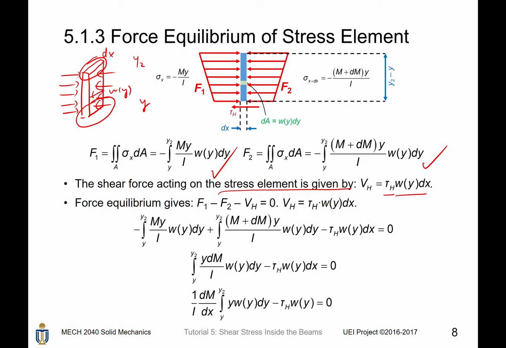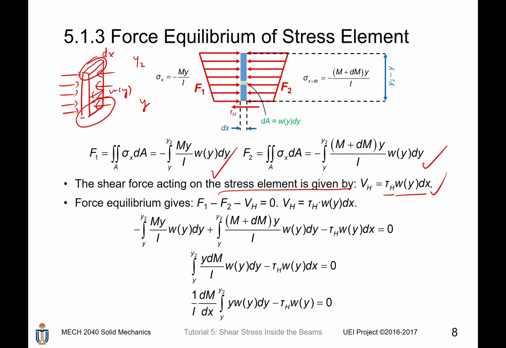Now we have all those things ready, and by the force equilibrium, we know that F1 minus F2 minus tau H equals 0. Then we substitute all those forces into this equation. Next, we try to simplify it by observing that the My divided by I term can be cancelled out.